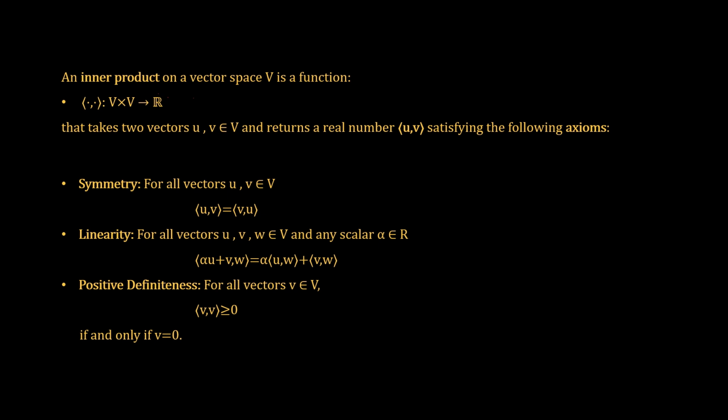The inner product is linear in at least one of its arguments. This means that it distributes over vector addition and interacts predictably with scalars. Finally, the inner product of any vector with itself is always non-negative, and it is 0 if and only if the vector is the 0 vector.